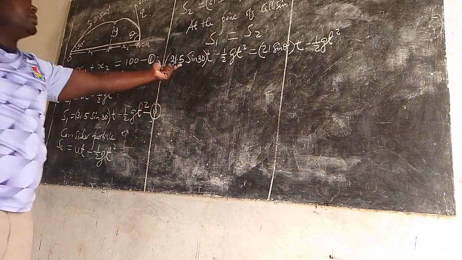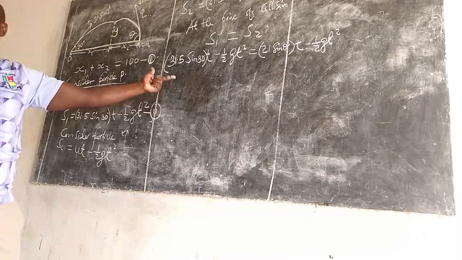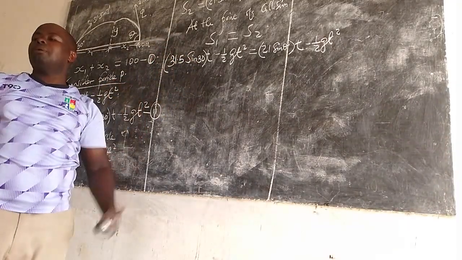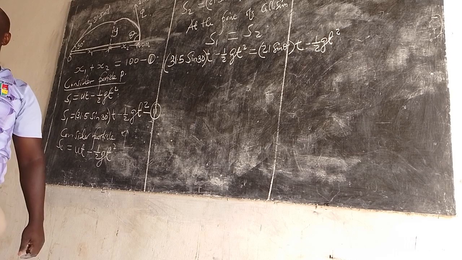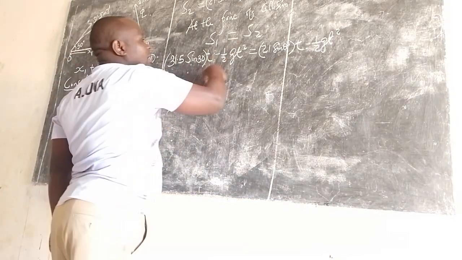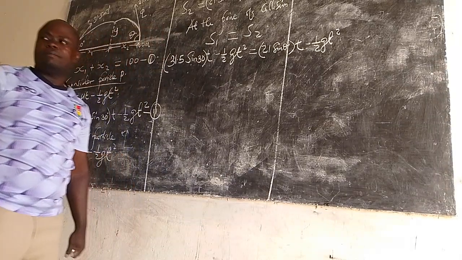Why am I bracketing this? If I don't bracket, it becomes sin 30t, meaning t will become part of 30, which isn't the case. That's why I put it in brackets.